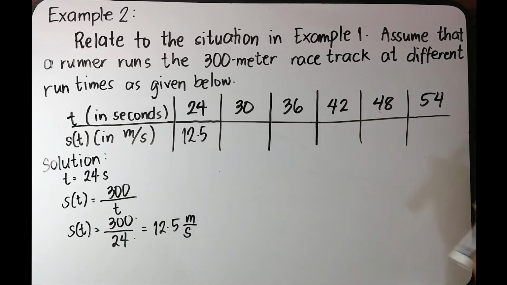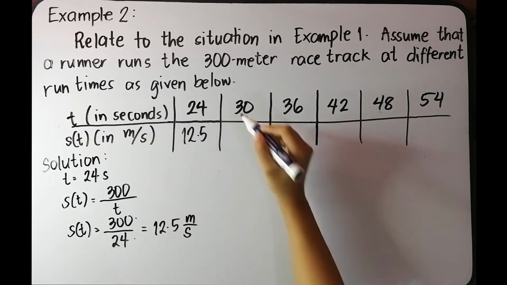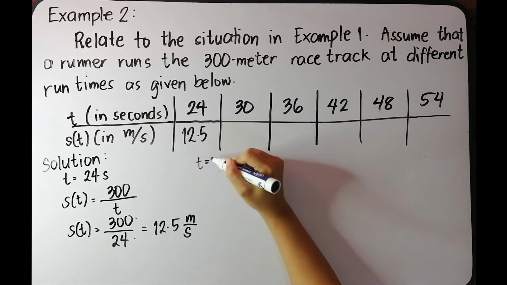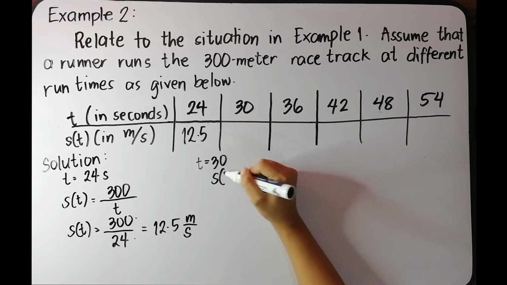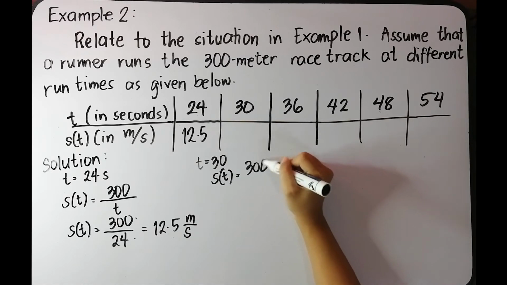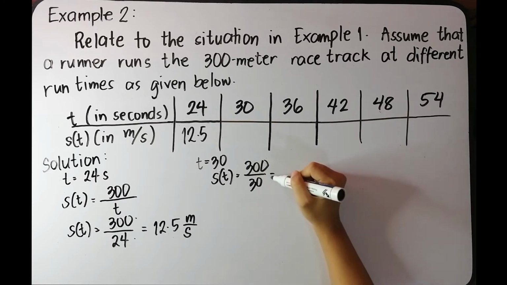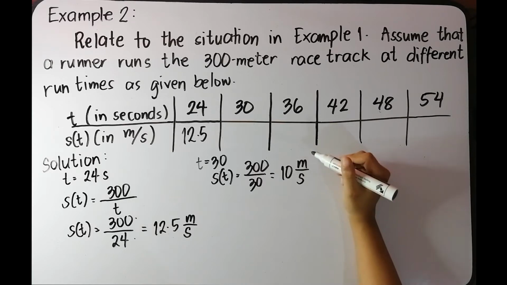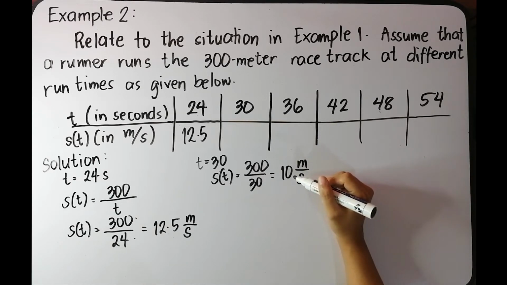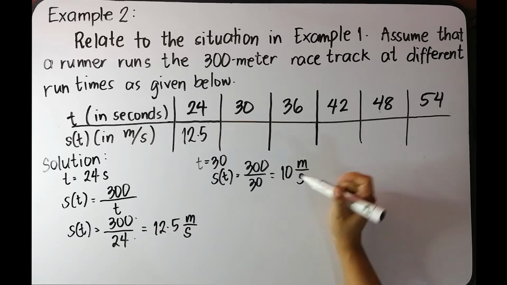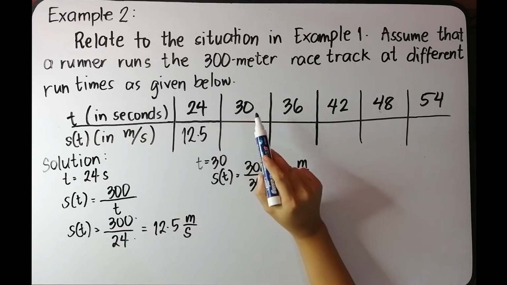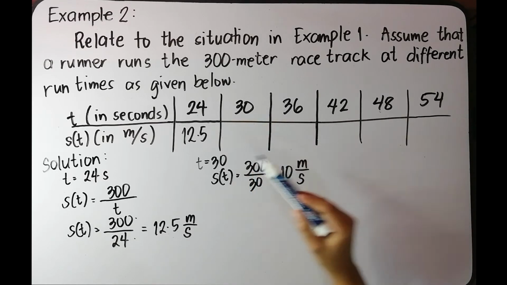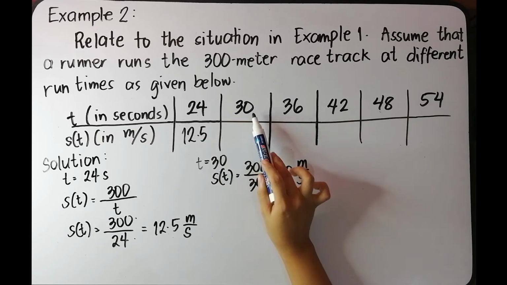So what about if it's 30 seconds? Let T equal 30. Let's substitute: we have 300 over 30, which is equivalent to 10 meters per second. It is less than the first one, because the speed is just 10 rather than 12.5, because the time is higher.